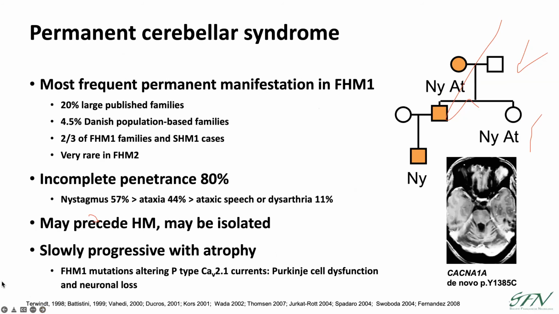And then there are some families and some patients who, in addition to hemiplegic migraine attacks, may have permanent cerebellar symptoms. The cerebellum is responsible for a steady gait. So if you have a disorder in the cerebellum, you will have what is called gait ataxia. That means that the people who have gait ataxia walk as if they have drunk alcohol, but they did not drink alcohol.